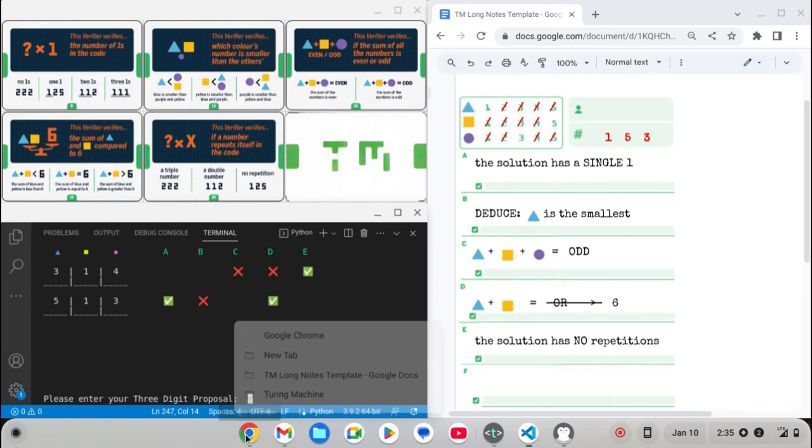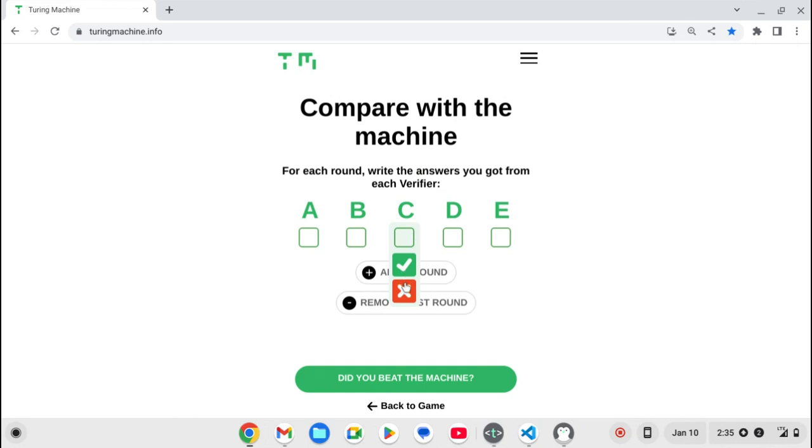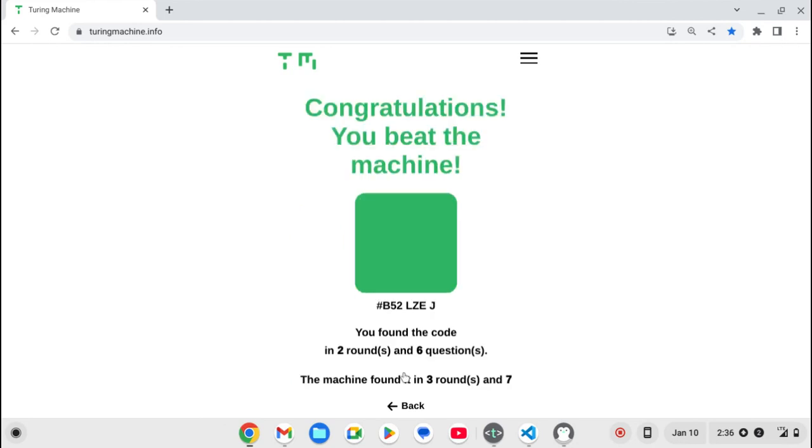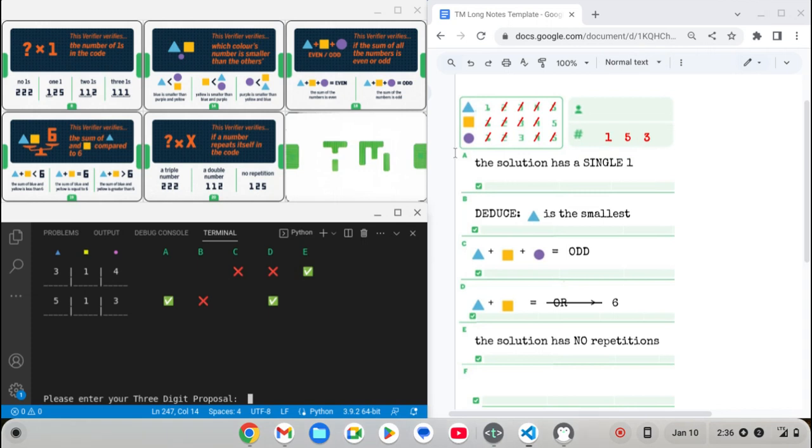So let's type that up, CDE. So CDE, E was correct. And then we did retest D, and we did get that sum of 6 to be true. I believe B was wrong, and A was correct. Okay, how do we do? Okay, so we beat the Turing Machine by 1 question.